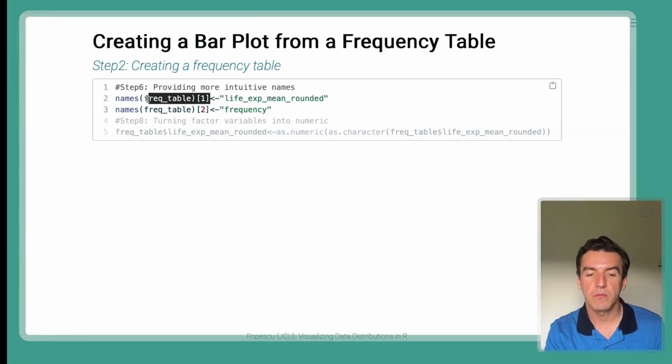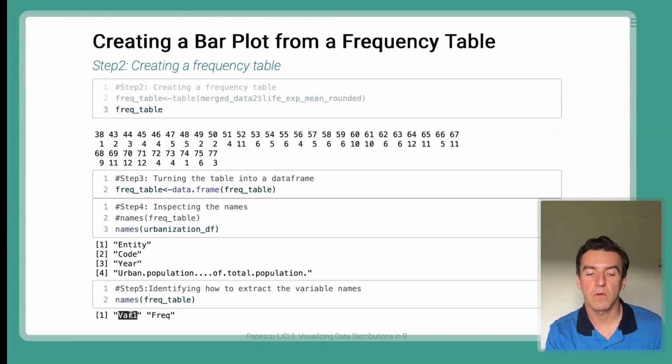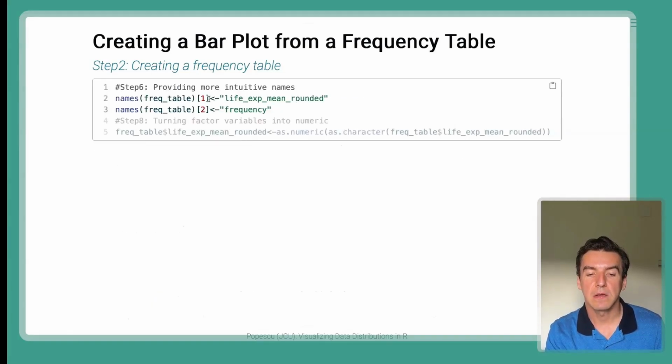So if we just type in names frec table 1, this is just going to return var1. If we say instead of var1 associate this name, this is going to replace the item name. So this is exactly what's happening with the second line.